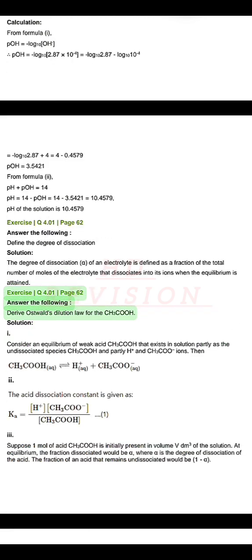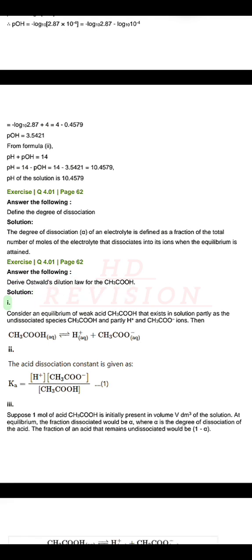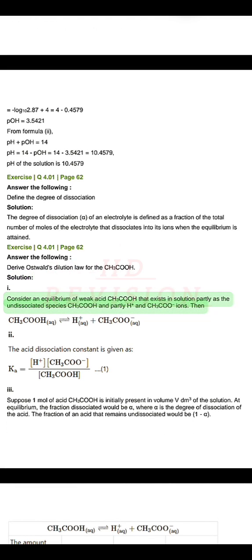Exercise Q 4.01, page 62. Answer the following. Derive Ostwald's dilution law for CH3COOH. Solution. Consider an equilibrium of the weak acid CH3COOH that exists in solution partly as the undissociated species CH3COOH and partly as H+ and CH3COO- ions.